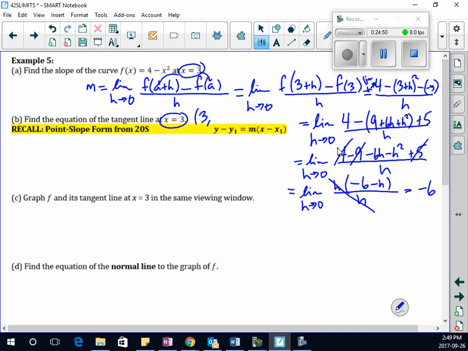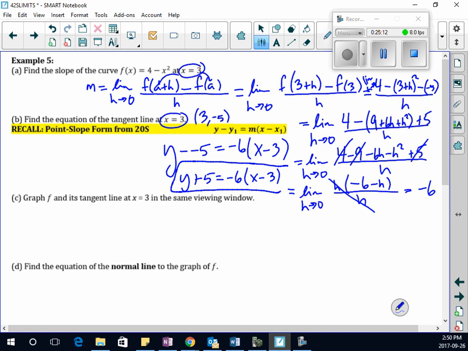I heard it, minus 5. So it's going to be y minus 5 equals the slope, which is minus 6, x minus 3. Well, we don't usually leave it as minus minus. So it's going to be y plus 5 equals negative 6 times x minus 3. So there is the equation of the tangent line right there.